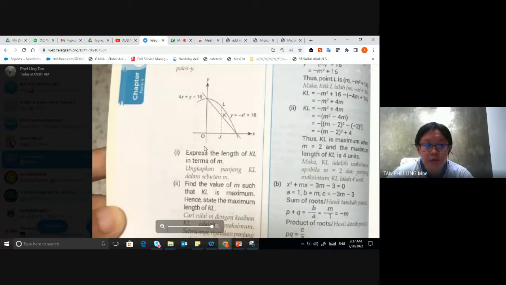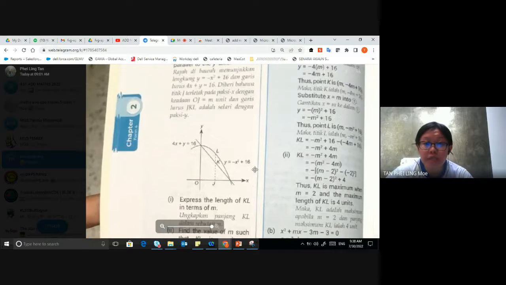So now you know that they ask you to express the length KL. Where is KL? Here. They want this length KL in terms of M. Do you get the question right? So where do you get M?